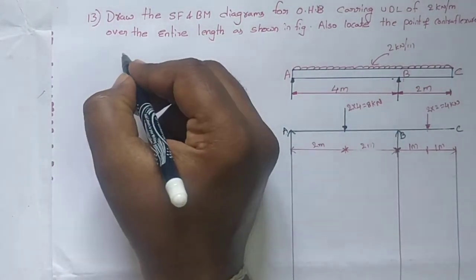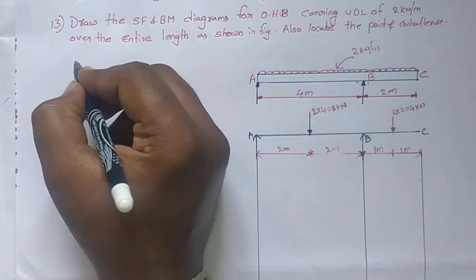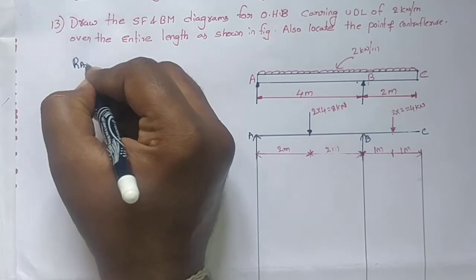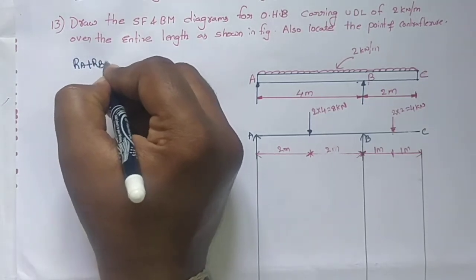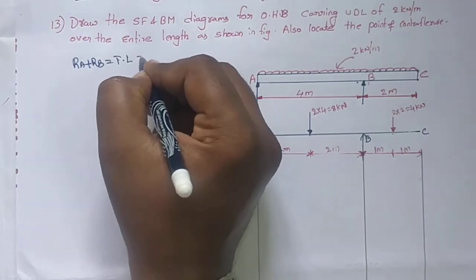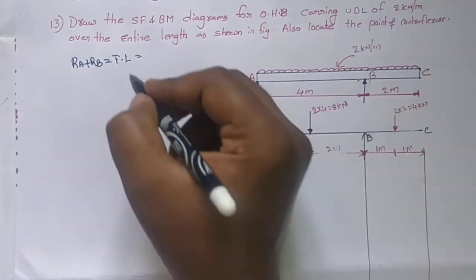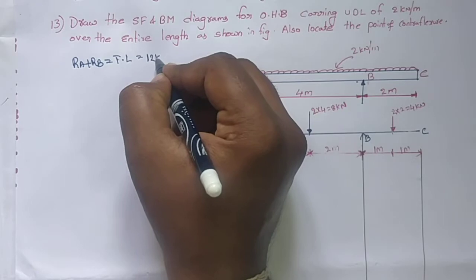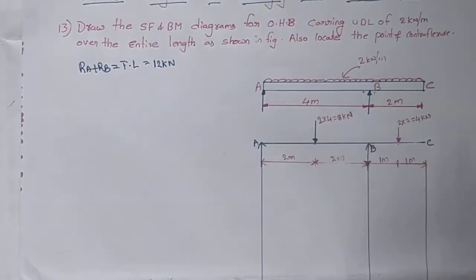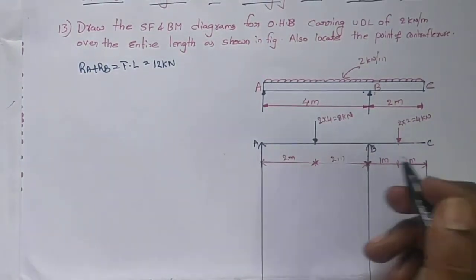For that calculation, one condition is RA plus RB equals the total load on the beam. Here the total load acting on the beam is 8 plus 4, that is 12 kilonewtons.